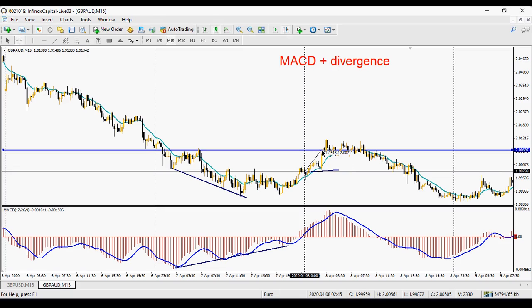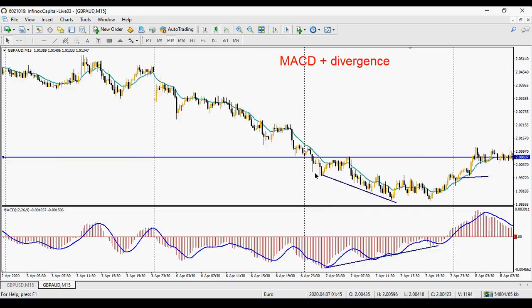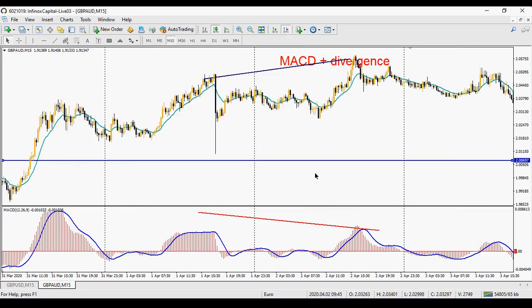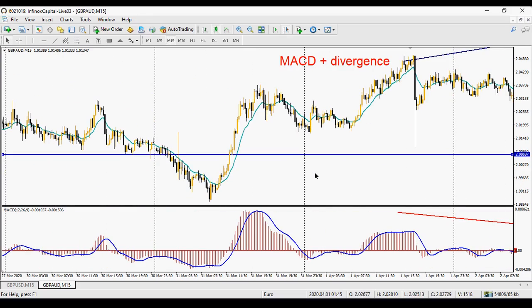GBP carries a lot of pips. So this move is about 90 pips, and then your stop loss is about 40 pips. So it could have been a good trade if you entered around here. That was when the bearish move changed to a bullish move.